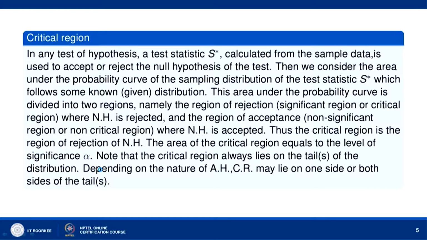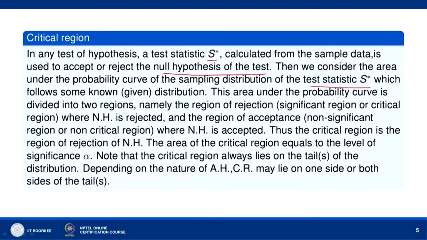Now, in any test of hypothesis, a test statistic S star calculated from the sample data is used to accept or reject the null hypothesis of the test. Then we consider the area under the probability curve of the sampling distribution of the test statistic S star, which follows some given distribution.